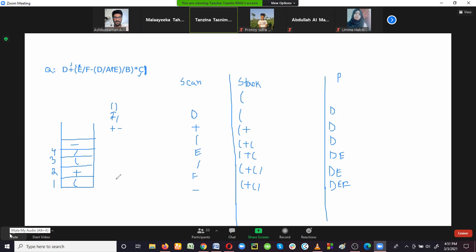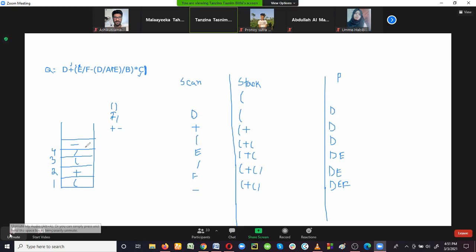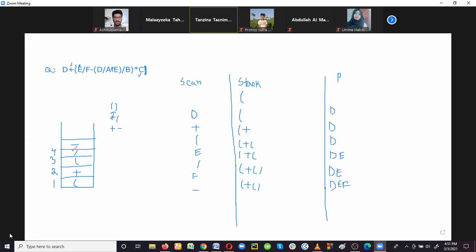Ma'am, then how could we place the plus sign on top of the parenthesis? In the first row there is a parenthesis, then a plus. We don't need to worry about the parentheses. Whenever a parenthesis comes, we just add it into the stack. At that time, parenthesis has the highest precedence level, so we don't need to think about it.